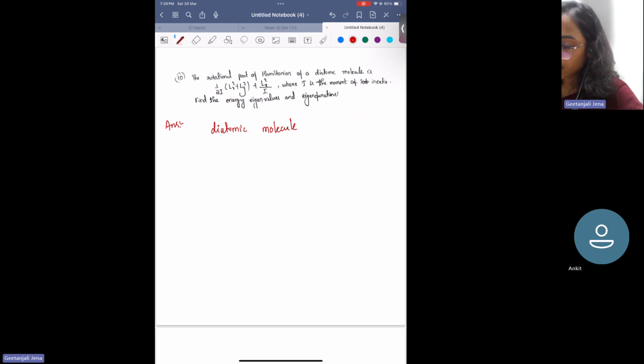It is asking what the energy eigenvalue and eigenfunction of this Hamiltonian are.